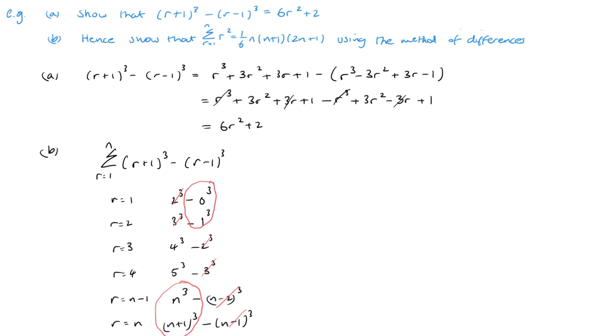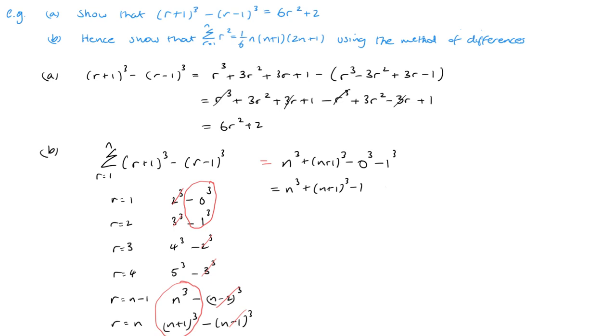So this means it's going to be n cubed plus (n plus 1) cubed minus 0 cubed minus 1 cubed, or n cubed plus (n plus 1) cubed minus 1. So that's what I've got so far. Now this is equal to this.